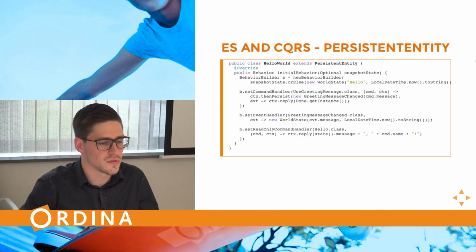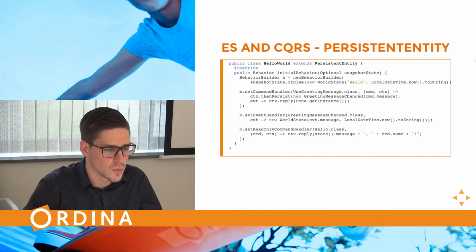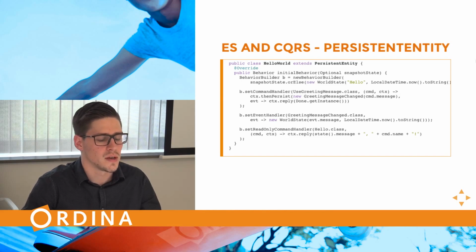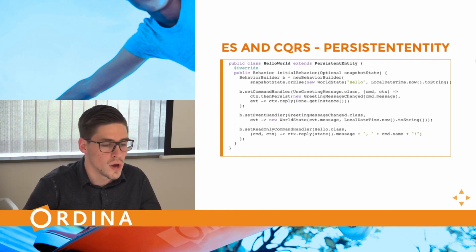So in this case, we have a hello world, and in this hello world, you have to override an initial behavior method. In this initial behavior method, you are basically describing the default state of your persistent entity. So if a new hello world record would be created, it would start with a default state.